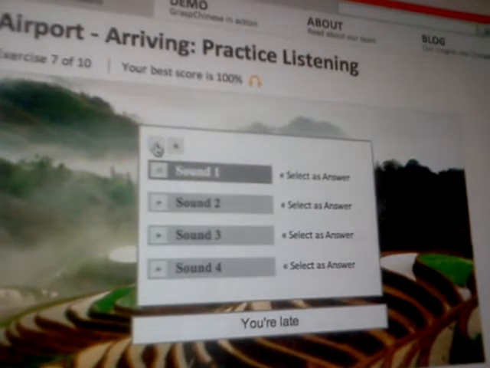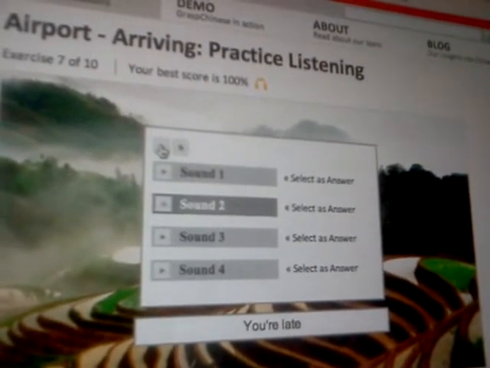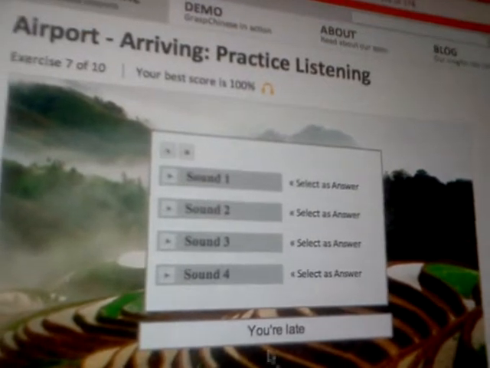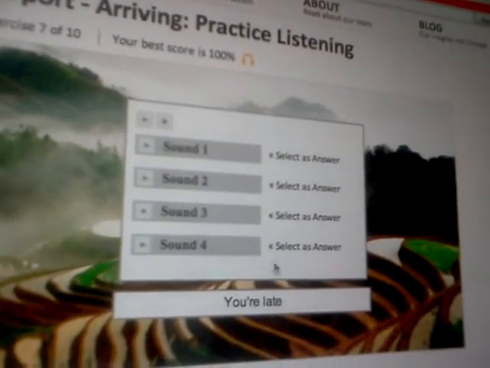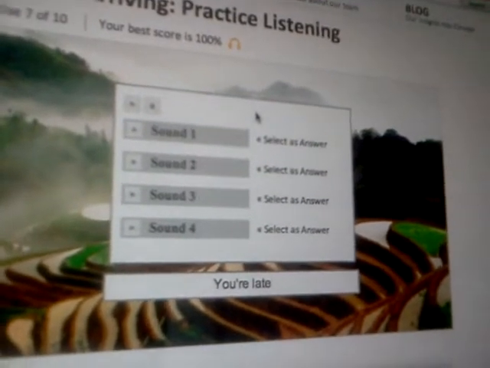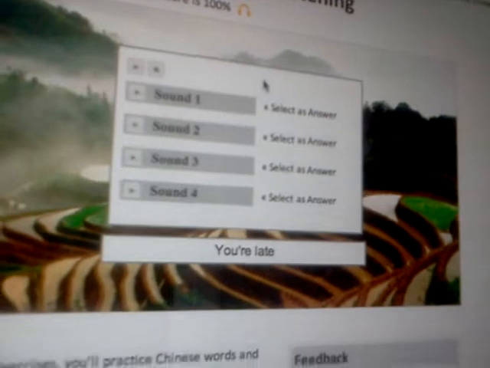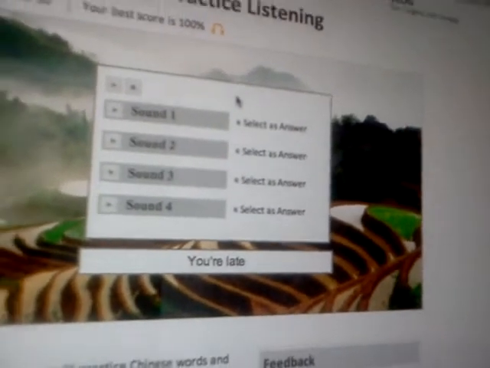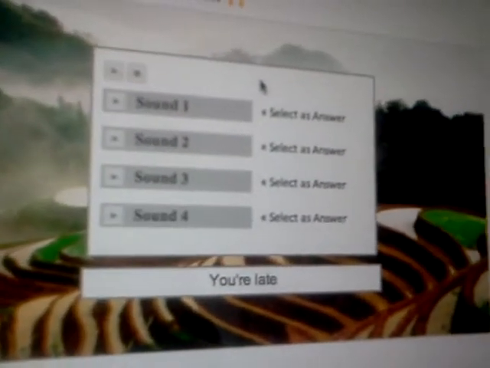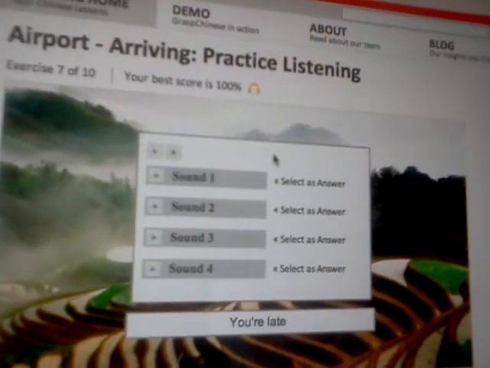你晚了吗？飞机场在那里。 Whoa. Okay, so you're late. You is ni, and then late would be wan. And despite the fact that in English you seem to be using a present tense, you are late, in Mandarin it seems to be that when you're late, you are late.